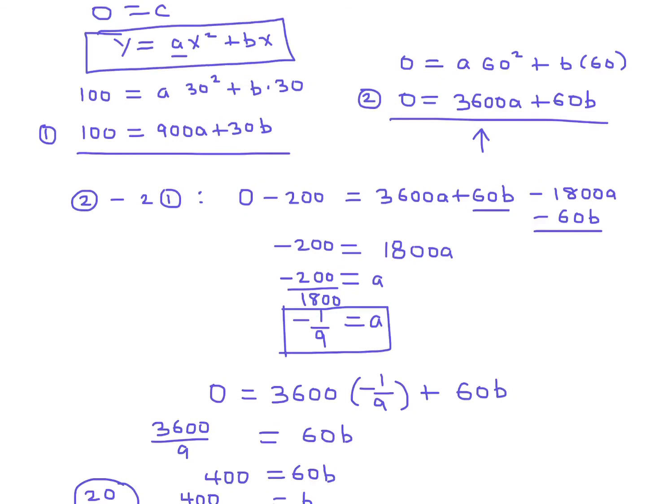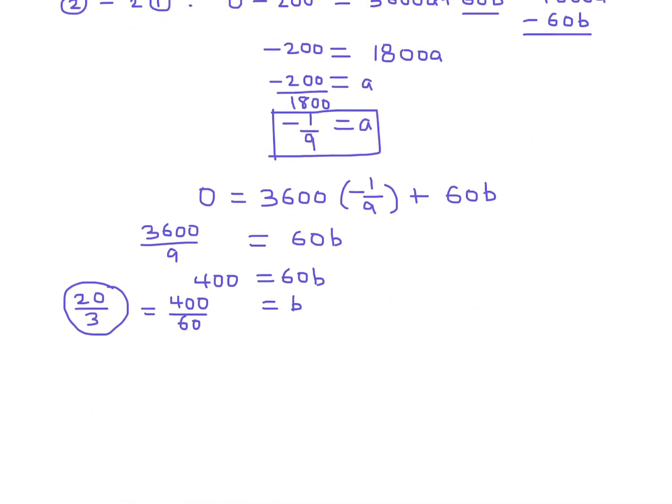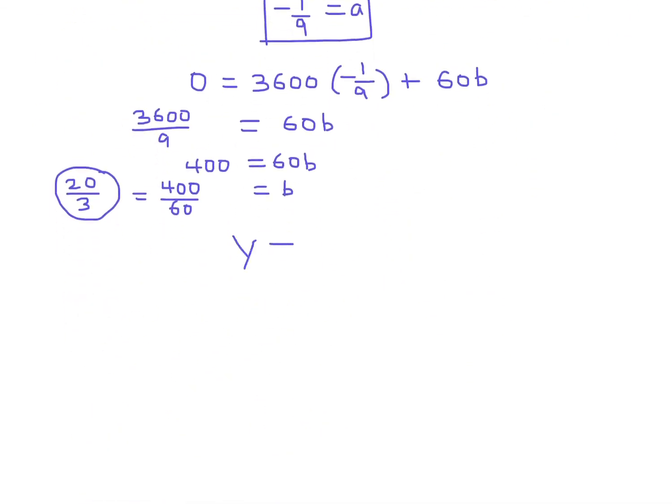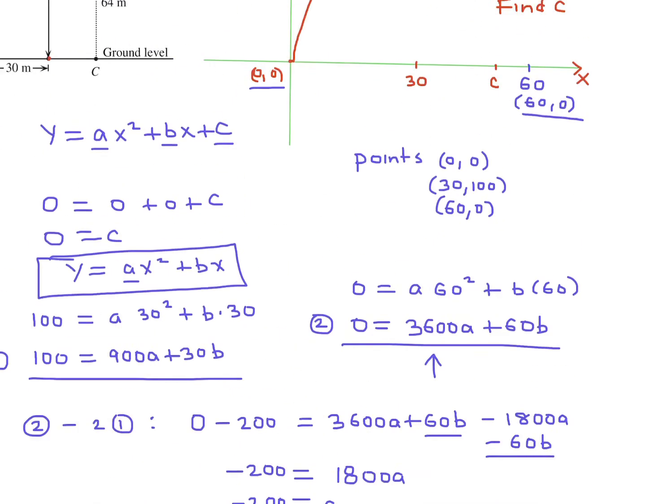We got a and b. So let's write out our formula. y is equal to ax squared plus bx. And then now we have our final step, which is what? Go back to the diagram.